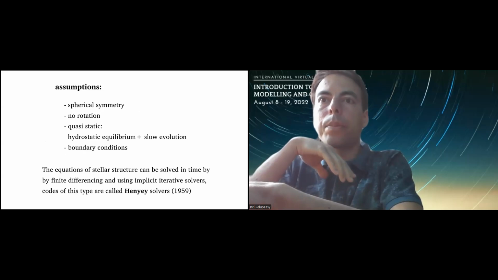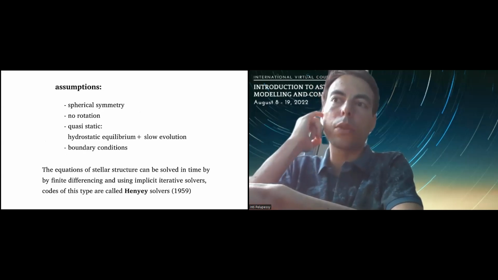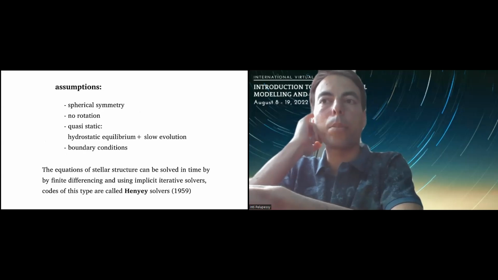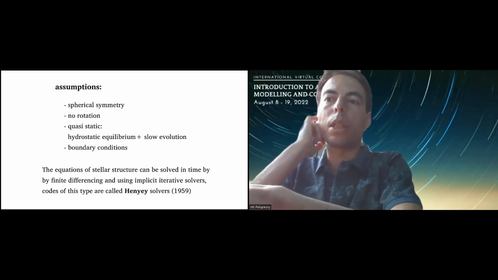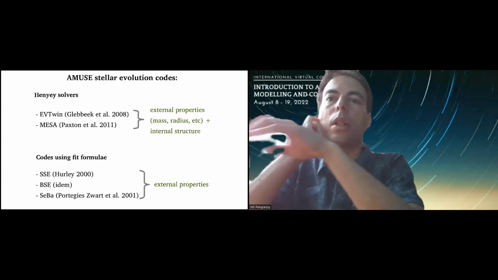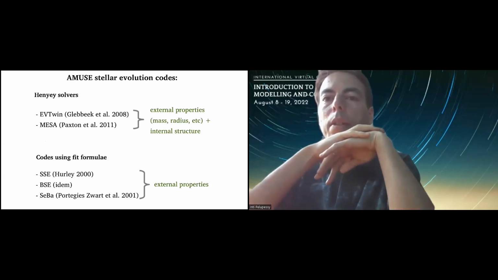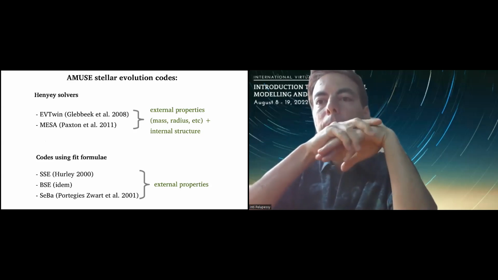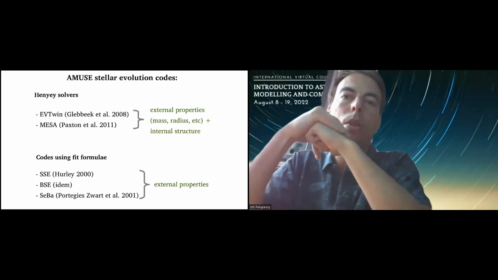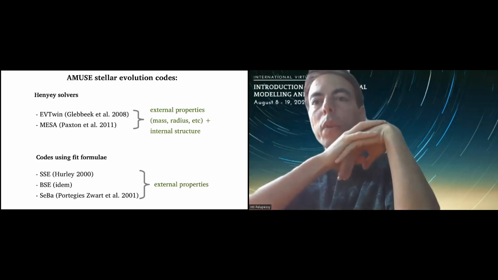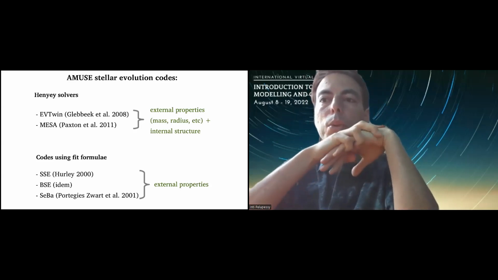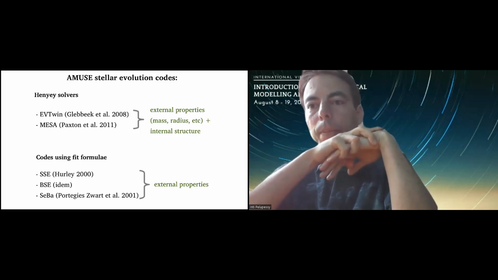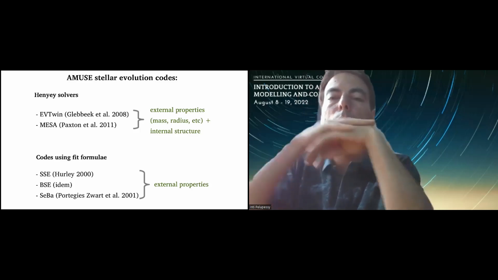There are two of these in AMUSE: EV-Twin and MESA. But in addition to this, there are a number of approximate stellar evolution codes that use more heuristic fit formulas to calculate the stellar evolution.